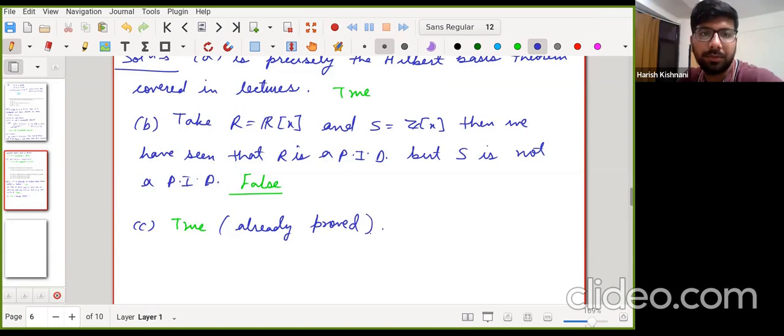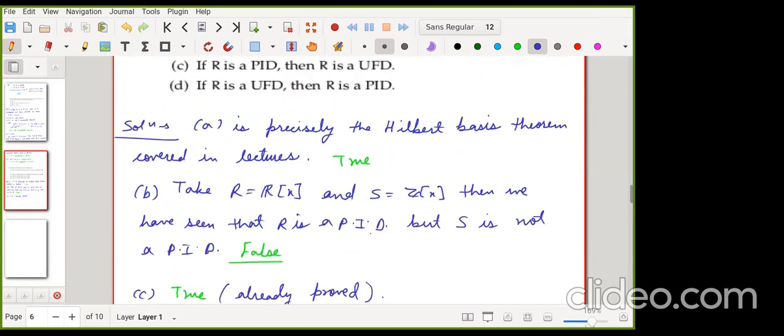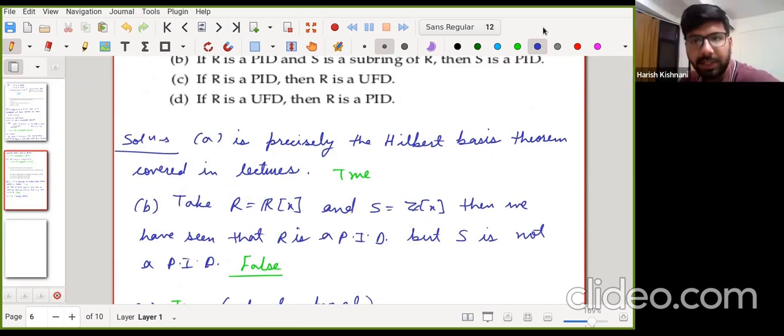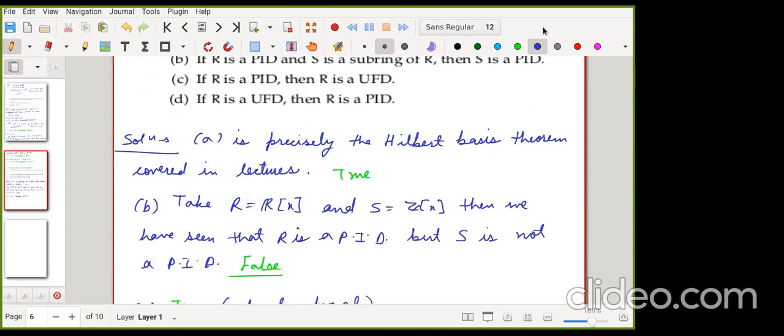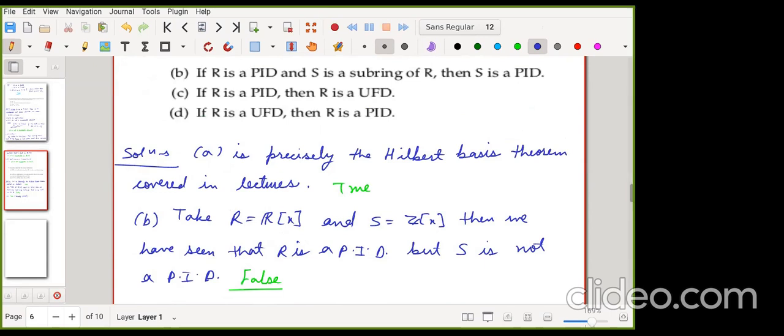Now in the counter example, R is a PID, S is a subring of R. But S is not a PID, right? But we have to tell S is not Noetherian. No, we just need to prove S is not a PID.